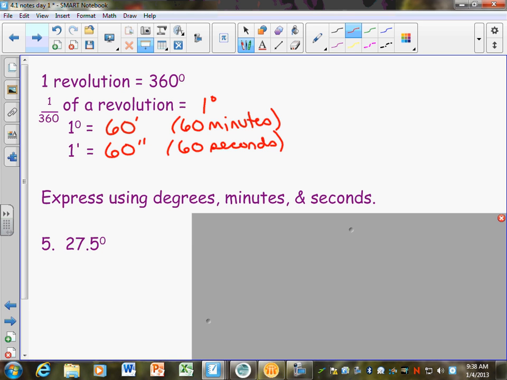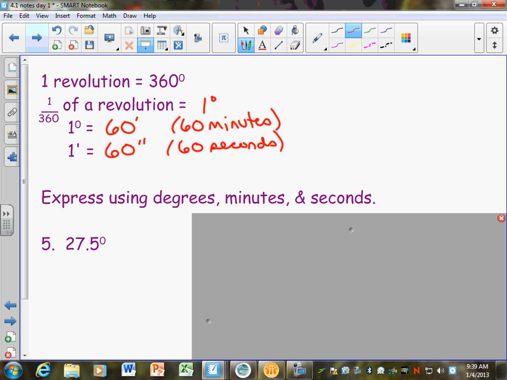Start kind of simple here. And basically, it's a good little practice with algebra and converting. If I gave you 27.5 degrees, and they said write using degrees, minutes, and seconds. Anything that's a decimal, you can break down into a smaller unit.